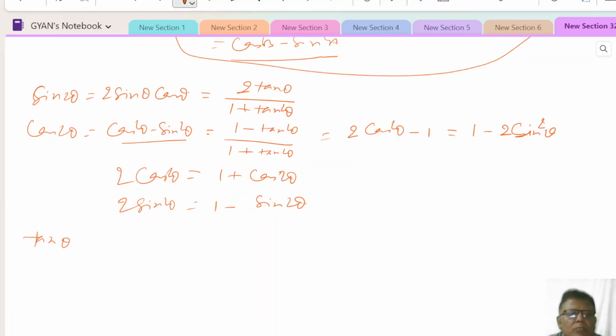Tan 2 theta also you can write as 2 tan theta divided by (1 minus tan square theta). Now come to the 3 theta formula.